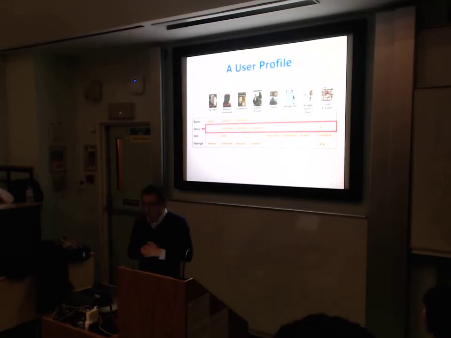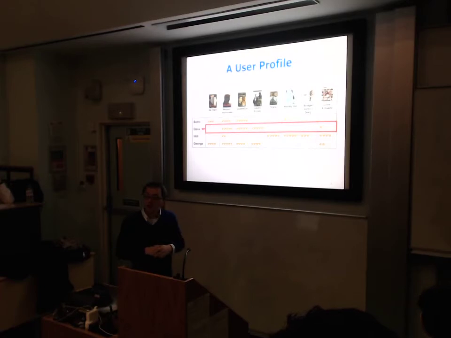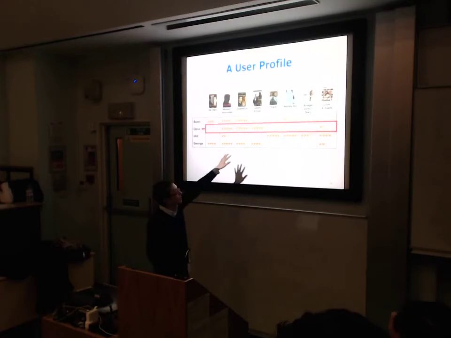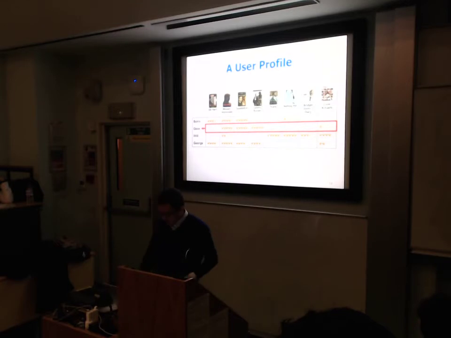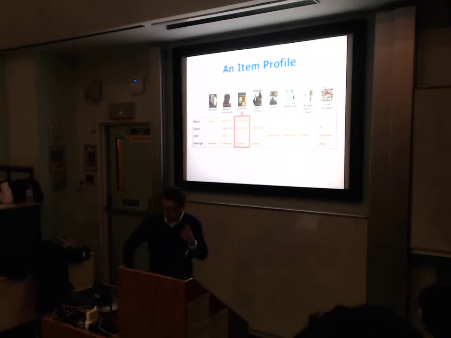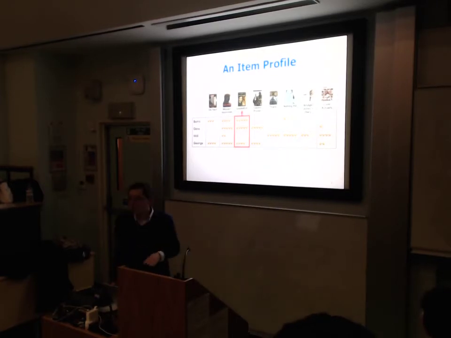And then once you have this user-item matrix, you can build a profile for this guy in terms of what things he likes and what things he doesn't like. Equally, you can also build a profile for a given item, not by the content feature.